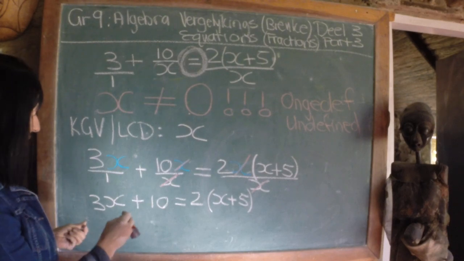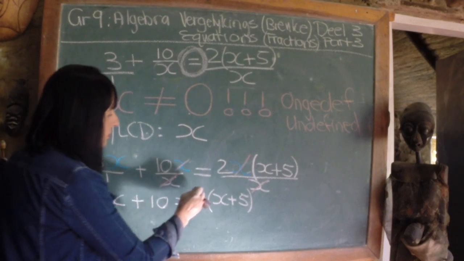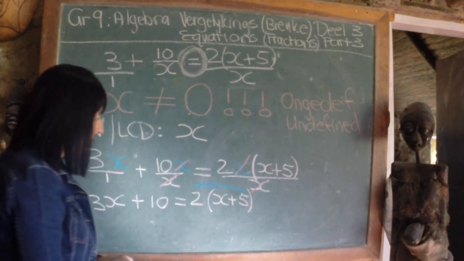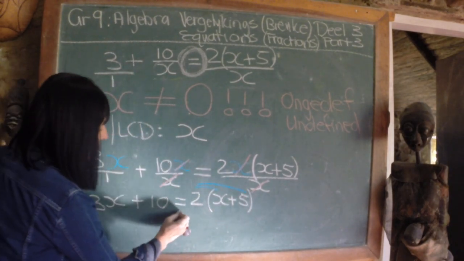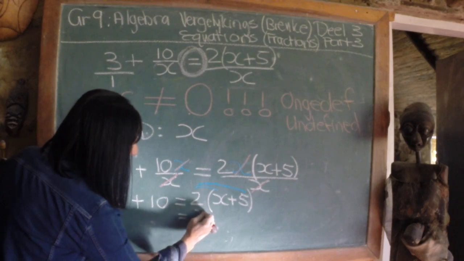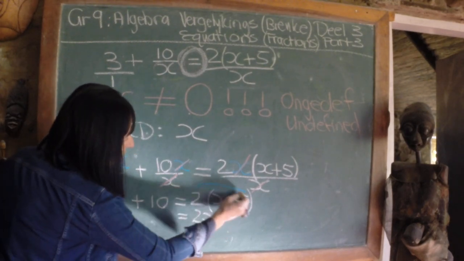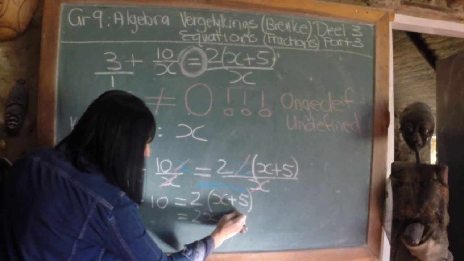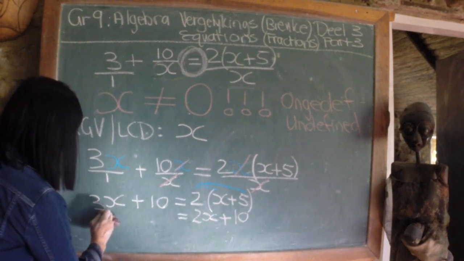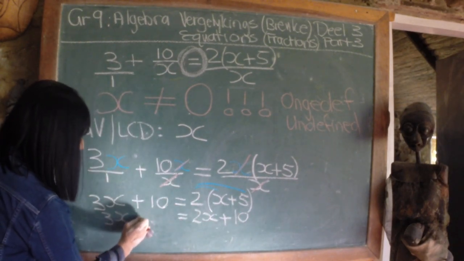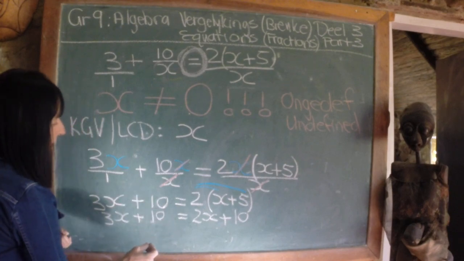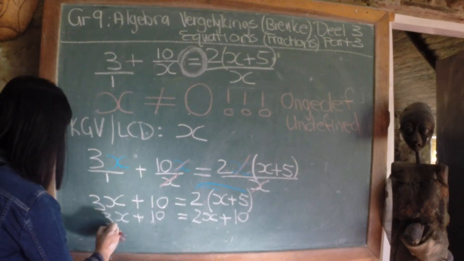Goed, so kom ons gaan distributiewe wet. Ons gaan daai gou uitvermenigvuldig, so ek het 2 maal x is 2x, 2 times plus 5 gives me plus 10, and I've got 3x plus 10 on this side. Let's take all the x's to the one side.